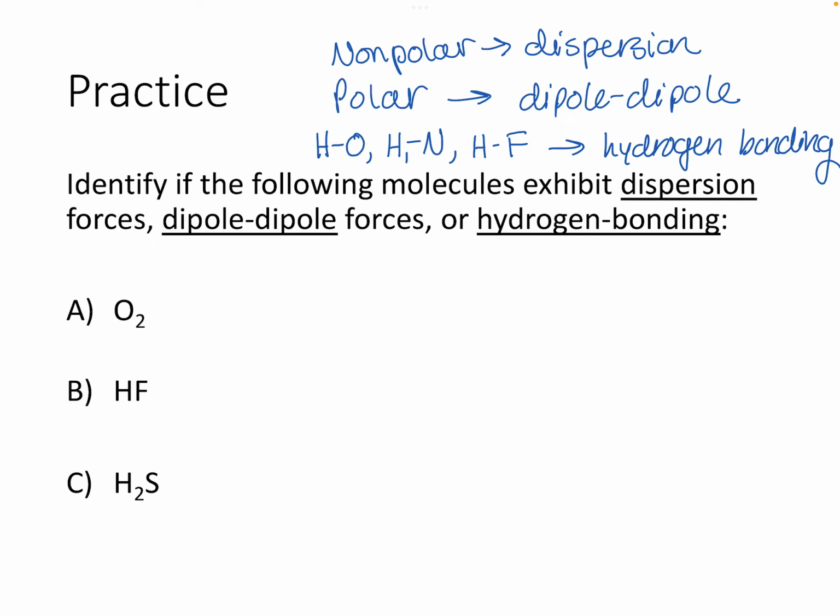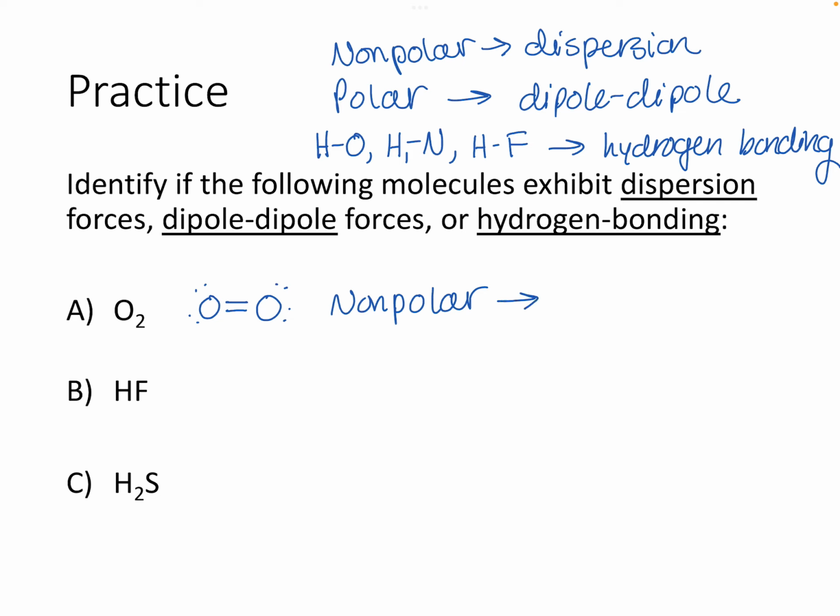Okay, let's look at oxygen. So remember, oxygen has two oxygens and they have a double bond between them. And whenever we have two of the same atom bonded together, that's automatically going to be nonpolar because those atoms have the same electronegativity value, so they're going to equally share electrons. So this is a nonpolar molecule.